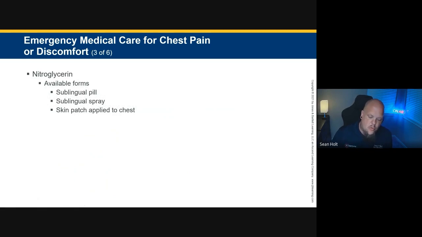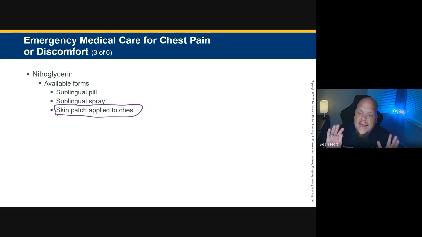Nitroglycerin, there are available forms. There is a patch, like a paste that advanced providers can put on the patient's chest. We have to label it, time it, tape it, identify it, and notify the hospital that they have it on. But it saves us from having to give repeat doses of nitroglycerin as advanced providers.